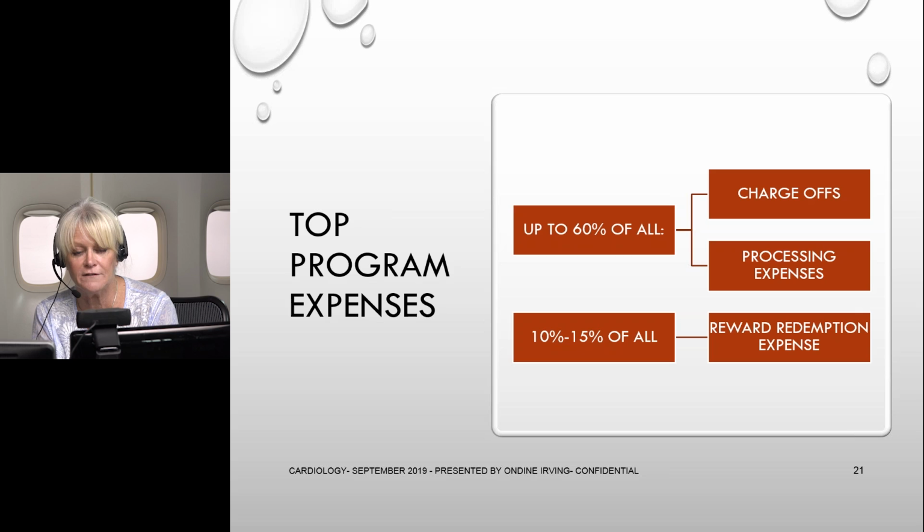Now, when you get the fancy reports from the processors or their advisory services, I can guarantee you, because I've seen them, they're using that gross active number as your active rate, and it's not. Active, which I'm ultimately going to start calling usage, are those accounts that are generating a transaction at the end of the particular month of the report that you're looking at. So I hope that helps.